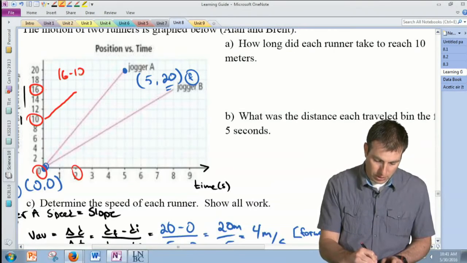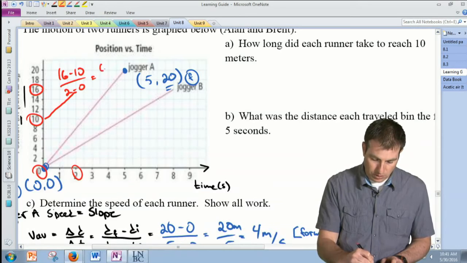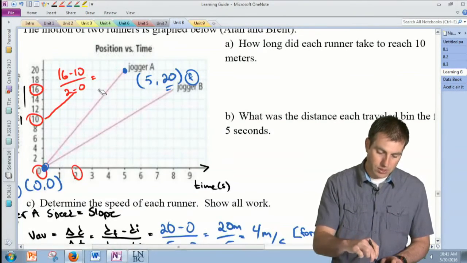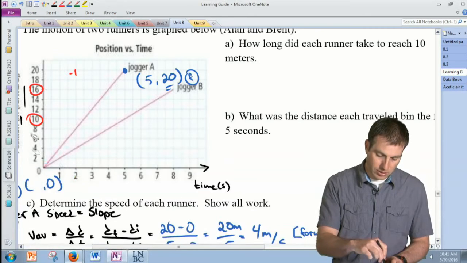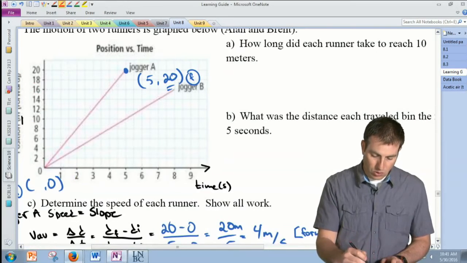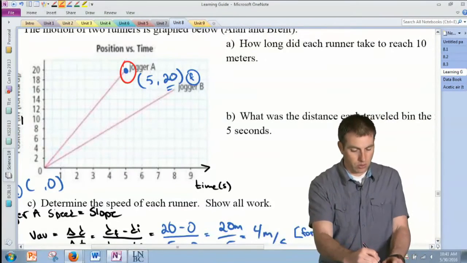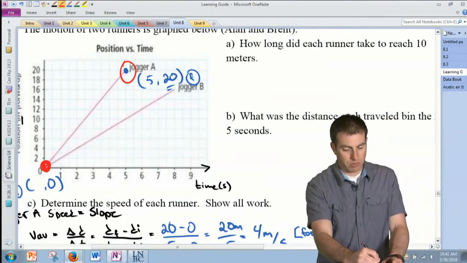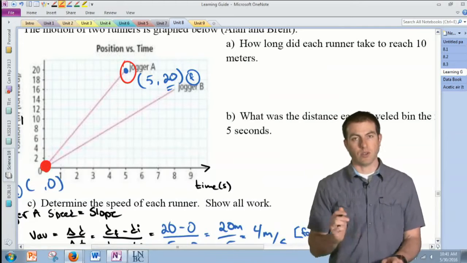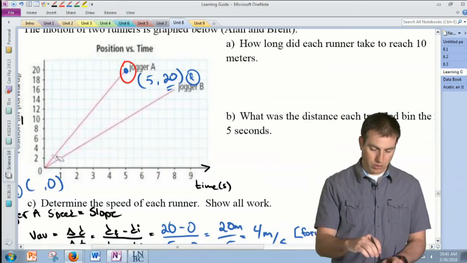So 16 minus 10 over 2 minus 0 is going to give me 6 over 2, which is going to give me 3. So I can't just take the last point. I can't just take the end point. The only way I can just take the end point is if the object, or whatever I'm talking about, person, also goes through the origin. So just be careful on that.